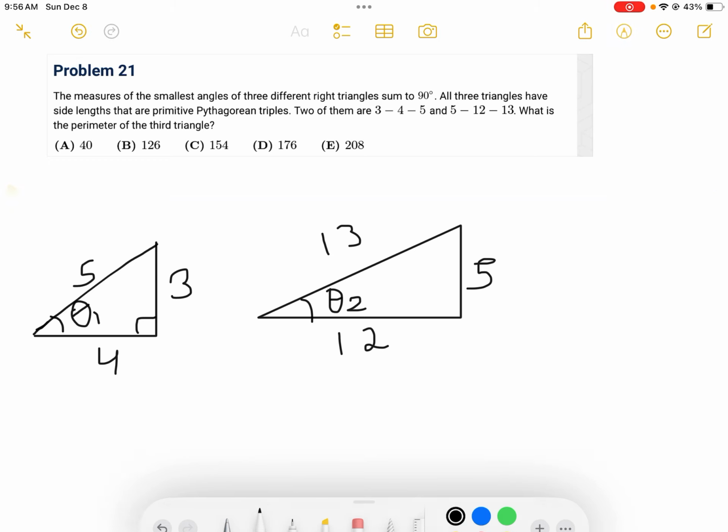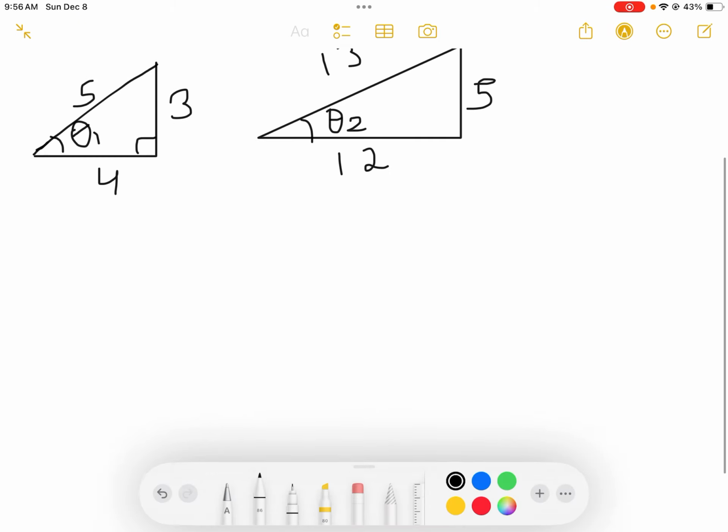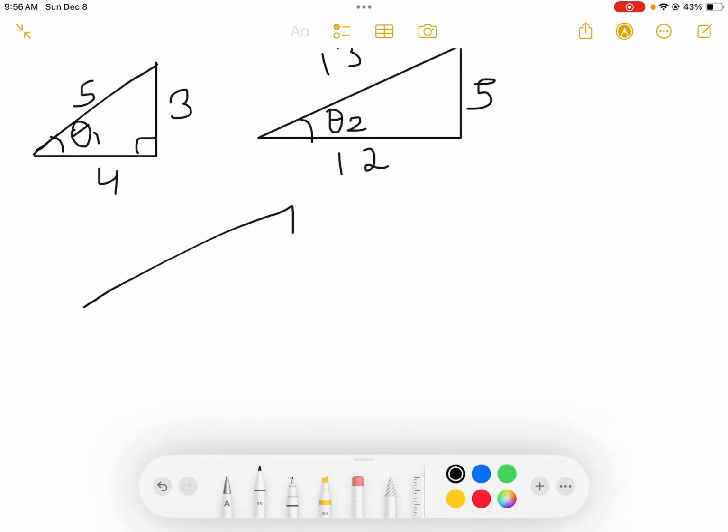And then we have our third right triangle. Call this angle theta 3. This is x, this is y, and this is z.